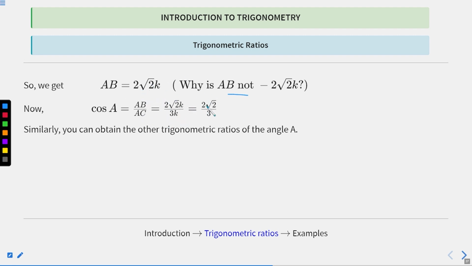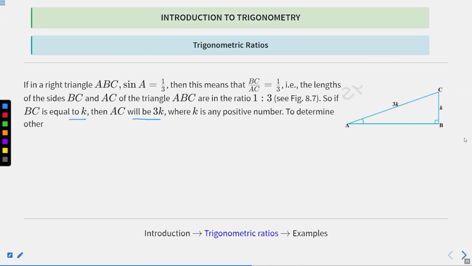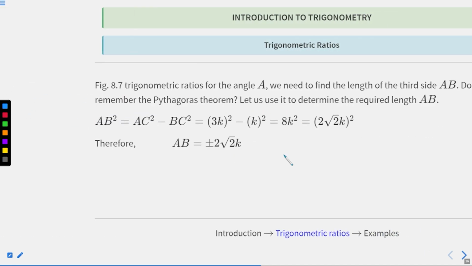So this is equal to 2 times root 2 by 3. Similarly, you can find the other trigonometric ratios, like tan A. Tan A is equal to the side opposite of the angle A, which is BC, divided by the side adjacent to the angle A, which is AB. So BC by AB.